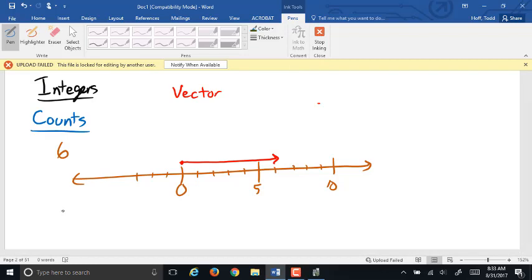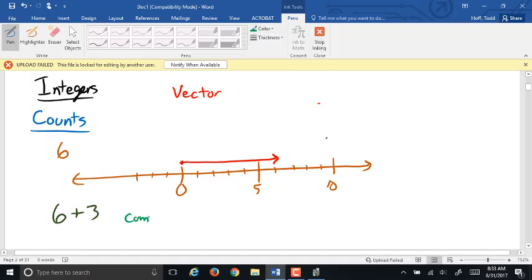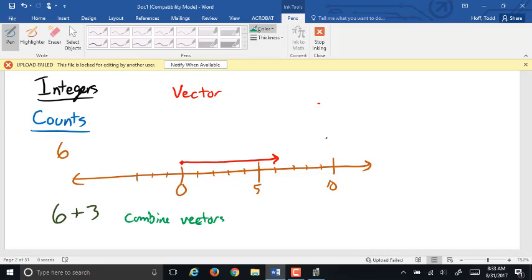For addition, if I want to do 6 plus 3, addition means combining vectors. Physically put the vectors together. So I have the 6.